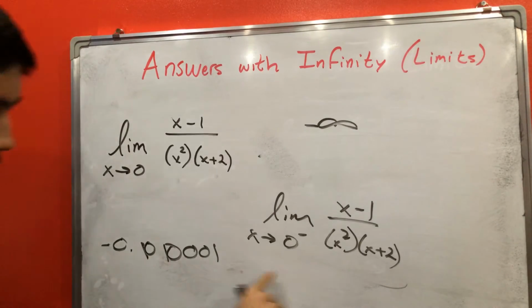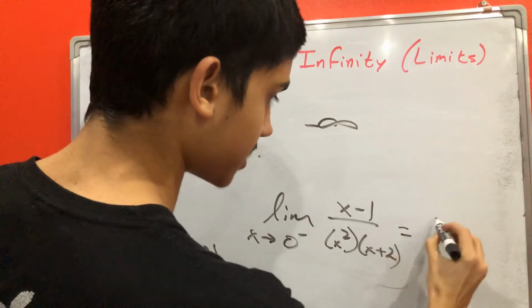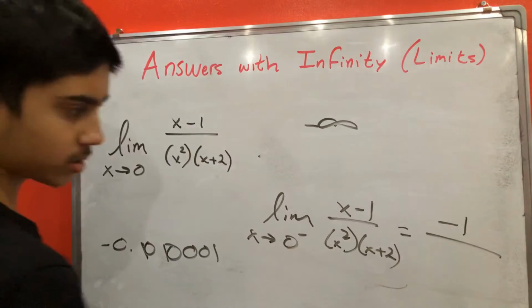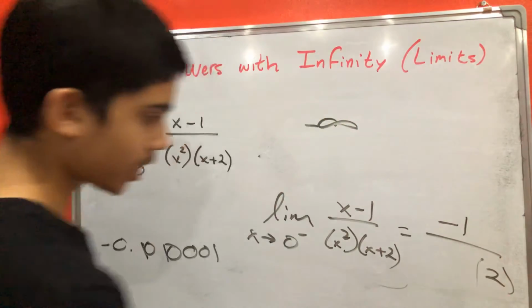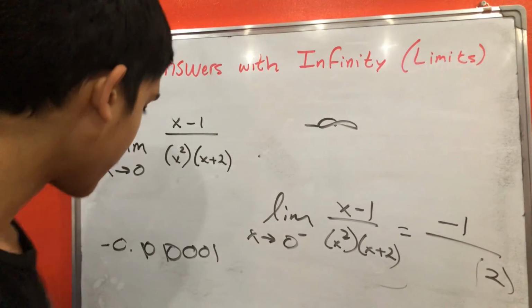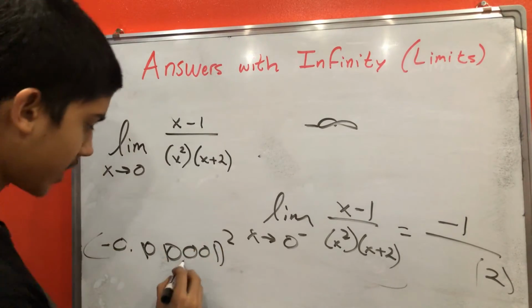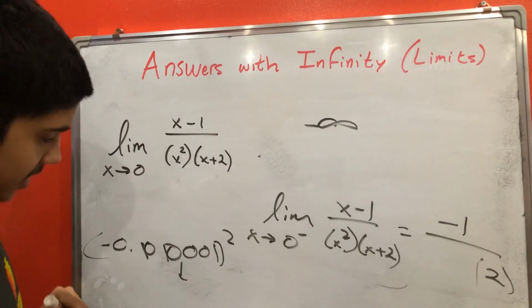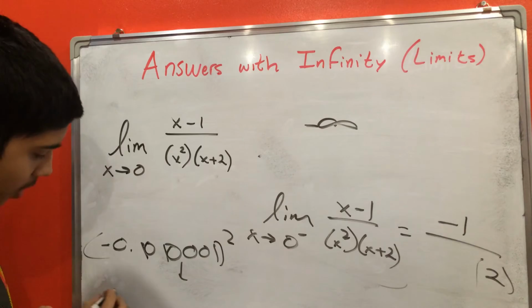Well, let's see. When we plug it into here, this basically stays negative 1. This also stays 2, right? But what happens when we plug into x squared? This guy squared is basically the same thing, except it's going to become a positive sign.